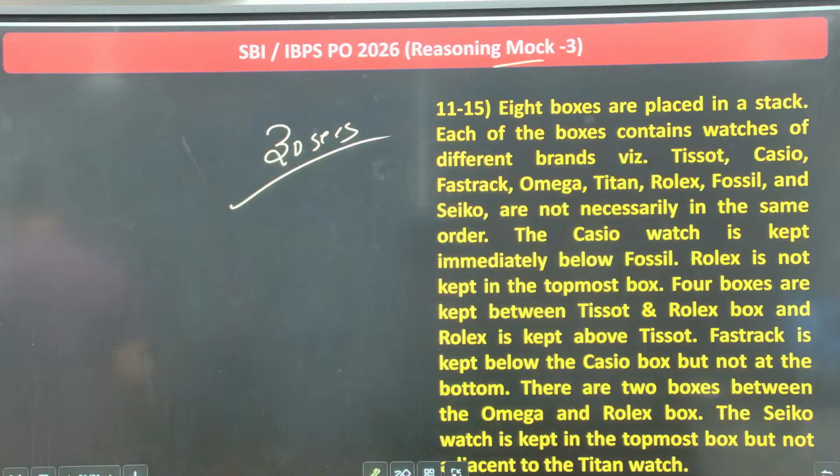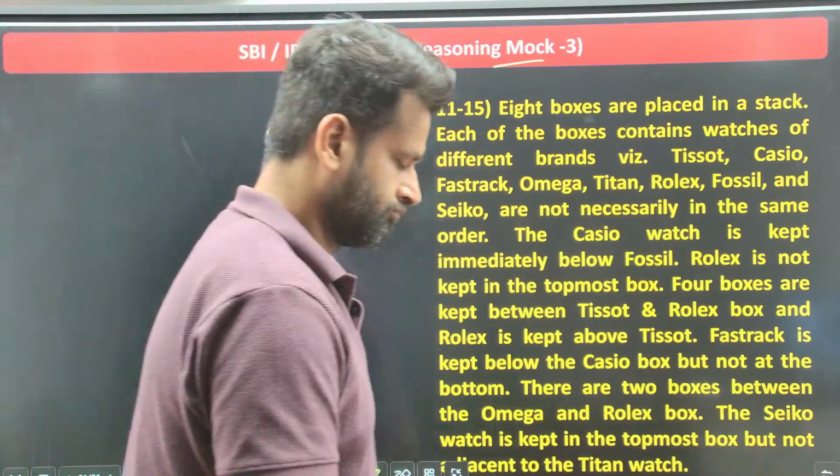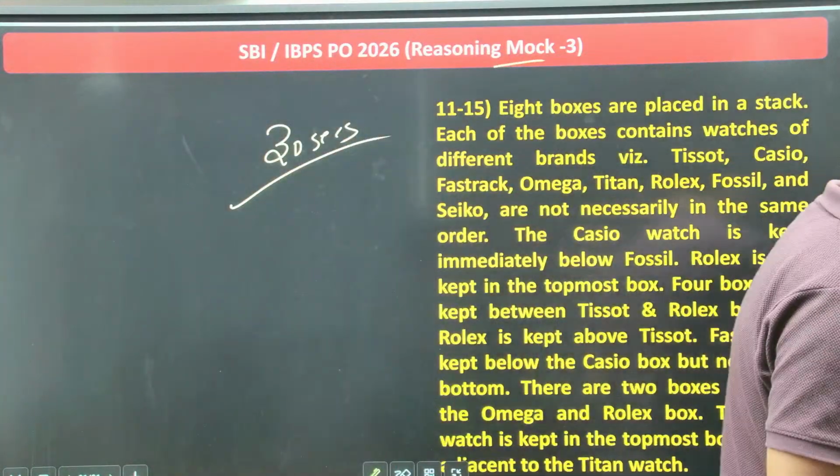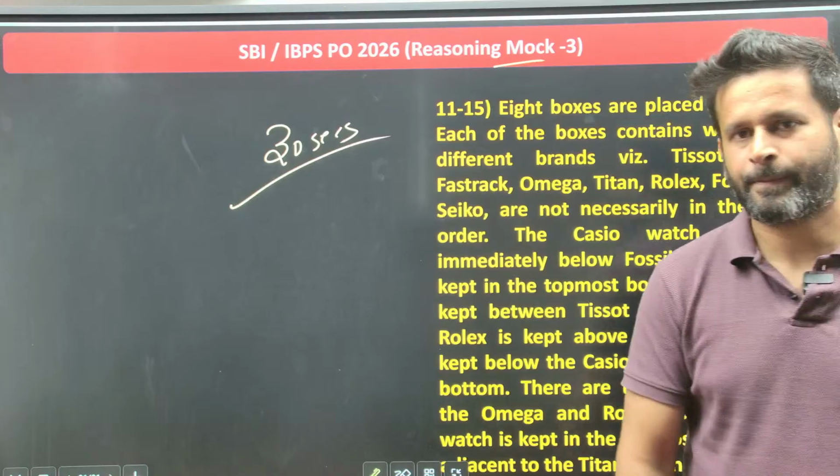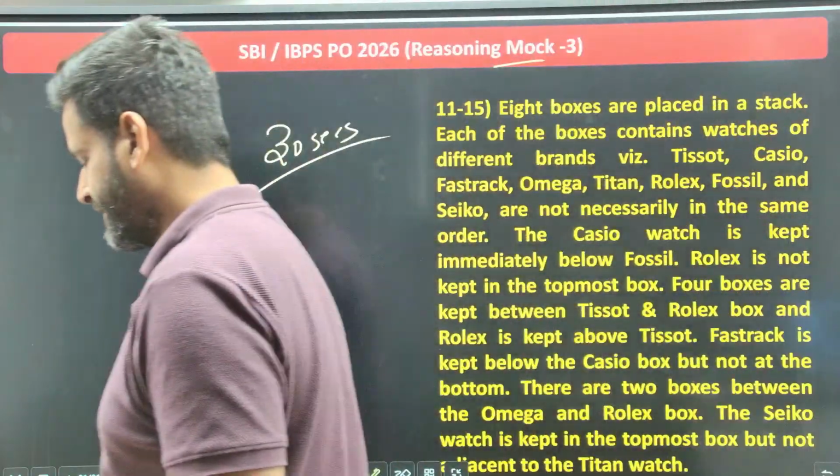Give it a try. Take 30 seconds at least. Utilize these 30 seconds to read the passage.